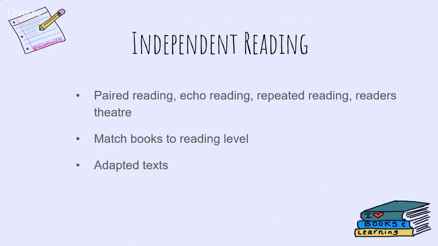And I recently learned about commonlit.org, which is an amazing website you can go to, and they have tons of adapted texts for our students. I've been very familiar with Newsela, which also has adapted text. And in our district, we purchased Reading A to Z, which also has leveled text.